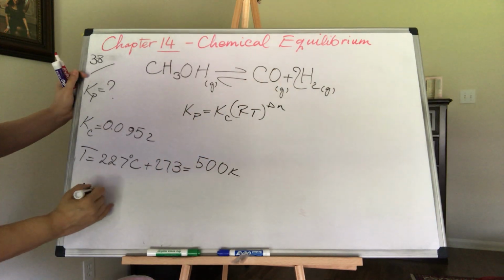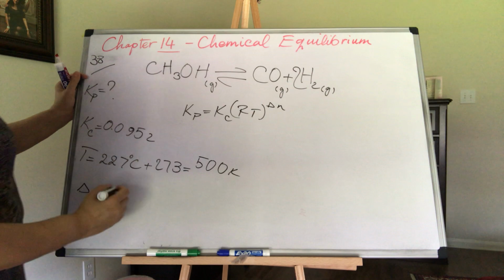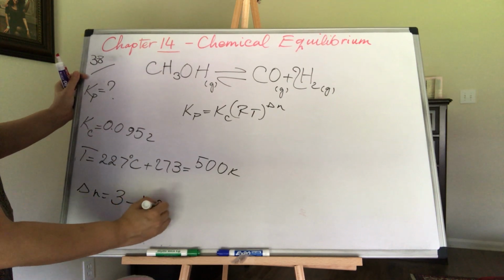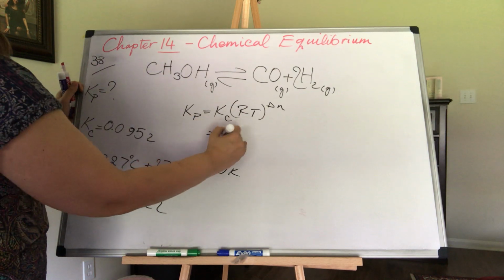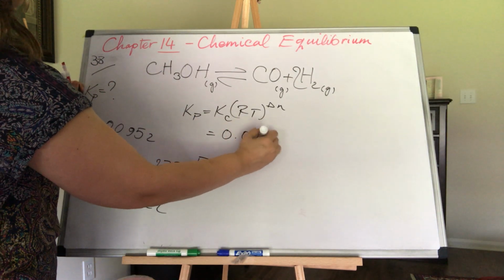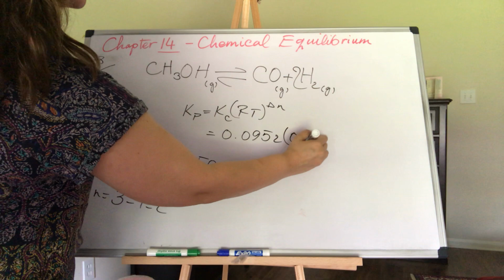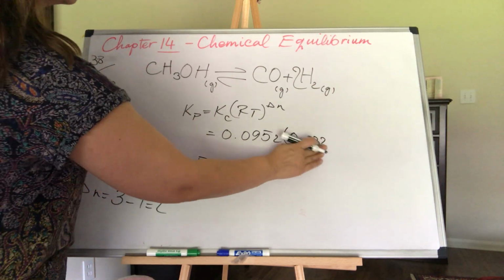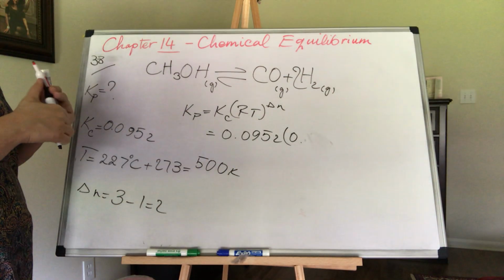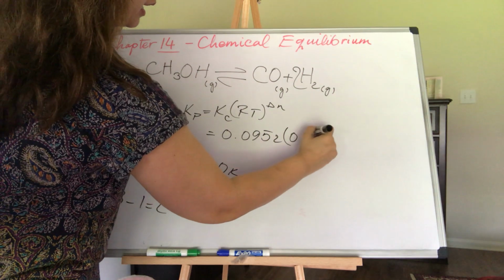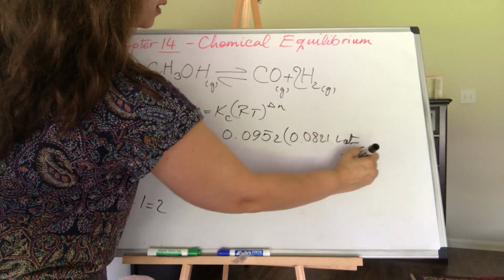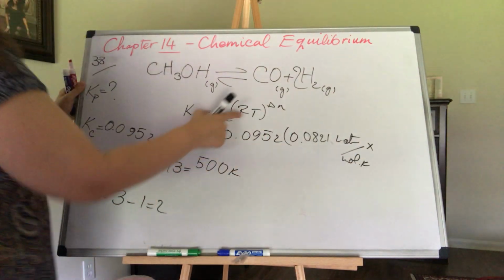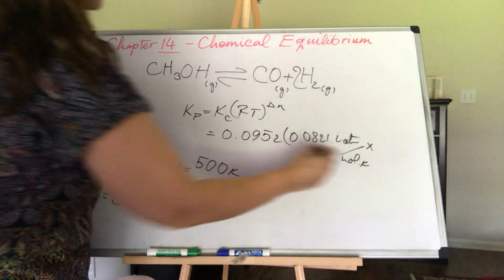What is delta N? 2 plus 1, 3 minus 1 is 2. So Kp is going to be Kc. The value for Kc is 0.0952, times 0.0821 liter atmosphere per mole Kelvin times temperature. Temperature was 500 Kelvin.